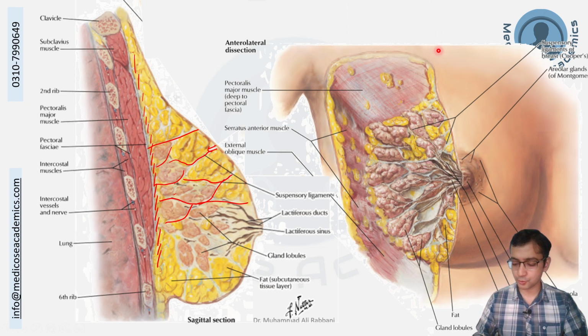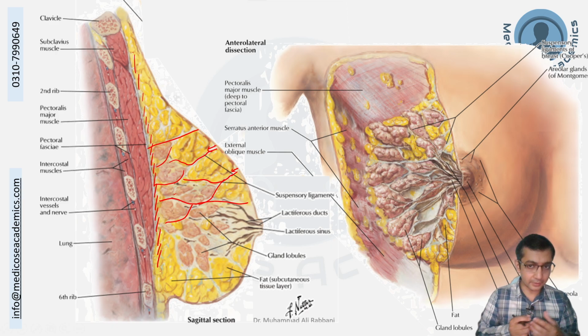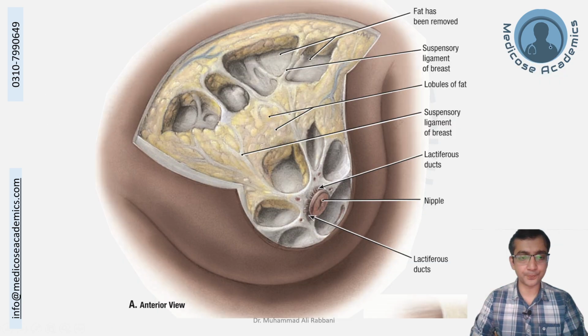When the breast swells, it tends to increase in size, but these non-extensible, non-flexible connections do not extend. So rather than the breast expanding, all the points of attachment of the ligaments of Cooper get buried deep inside, and that gives the breast a pitted appearance. I'll show you by the end of this lecture.